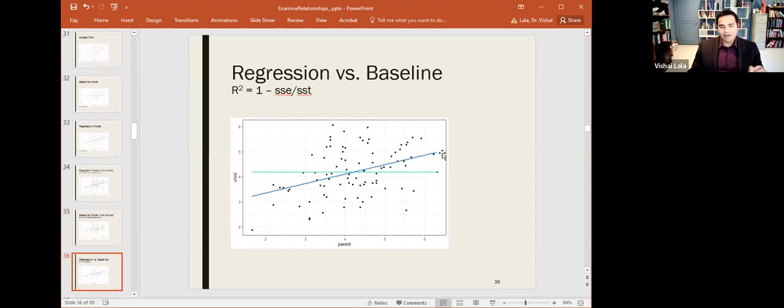The number that identifies the error for the regression line is the sum of squared residuals in SPSS, or we also know it as sum of squared errors, or SSE. The total sum of squares is identified by the green line, which is the number for the error for the baseline model. Let's connect the dots now by going to SPSS. We're going to then find what SSE and SST are and figure out how this formula relates to R squared.